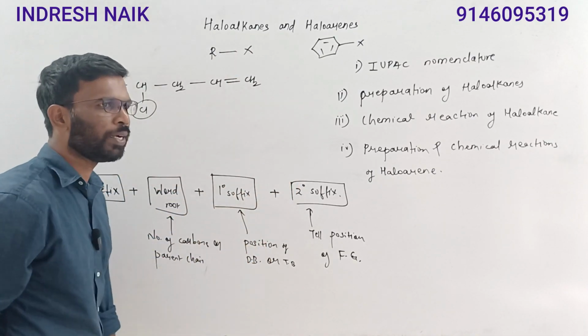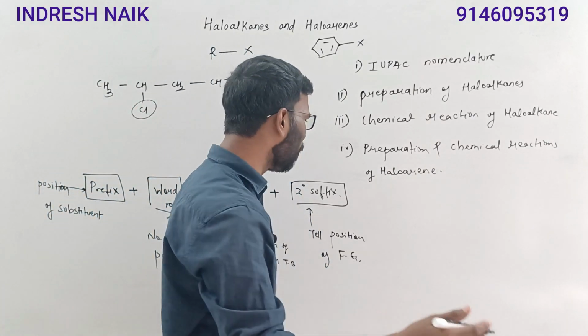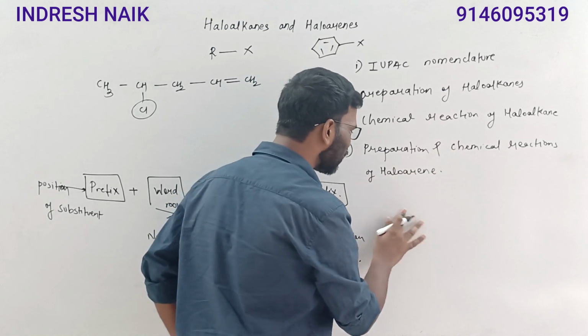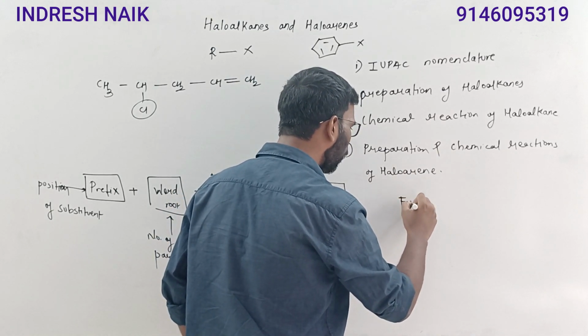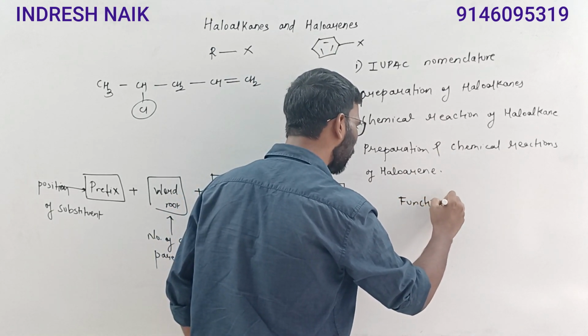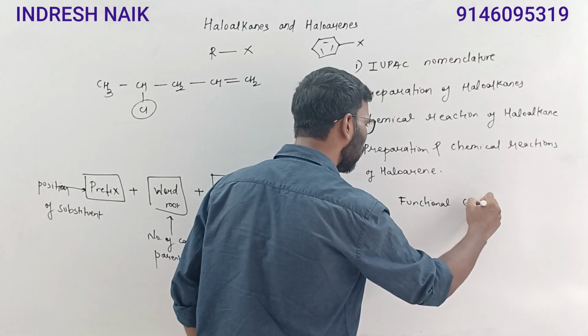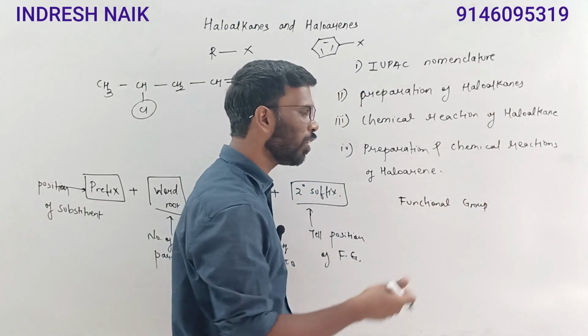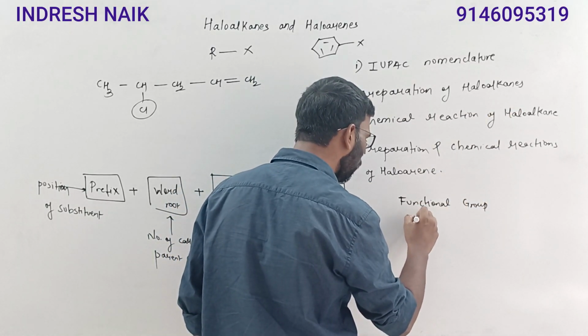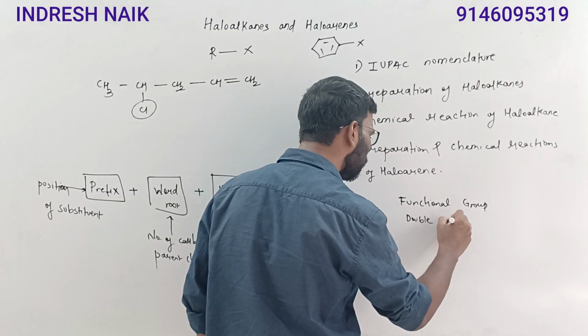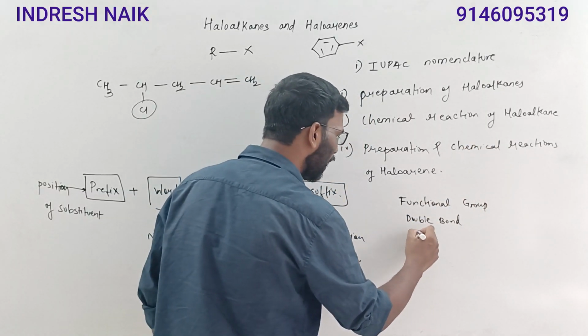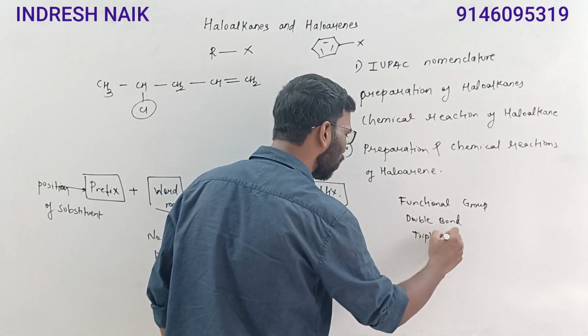Numbering should be done in such a way that the functional group always gets the lowest number. If there is no functional group, then the double bond should get the lowest number. If there is no double bond, then the triple bond should get the lowest number.